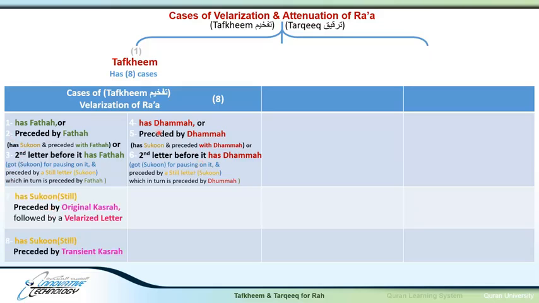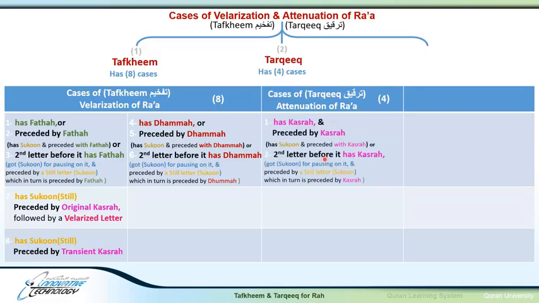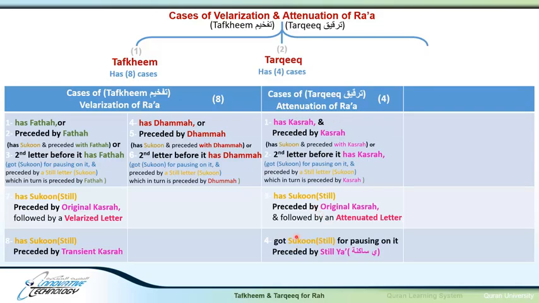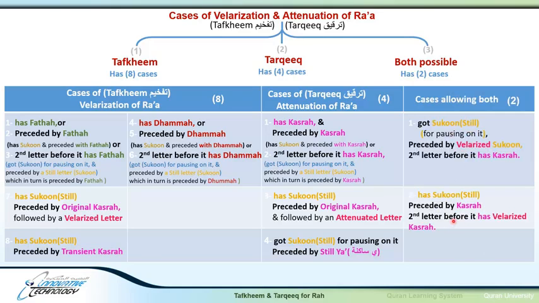So 3 for Fatha, 3 more for Dhamma makes 6, and 2 more for Sukoon gives us a total of 8 cases for Tafkheem. Now, Tarqeeq has 4 cases, and they are related to Kasra, 2 of them, and the other 2 are related to Sukoon as well. We're left with a third possibility that has 2 cases within it, in which either Tarqeeq or Tafkheem can be applied, and both are related to Sukoon.